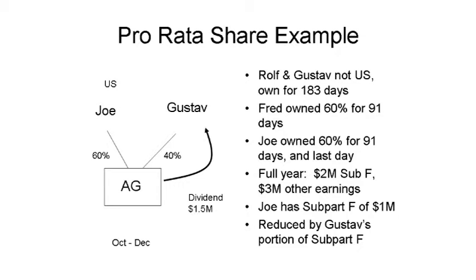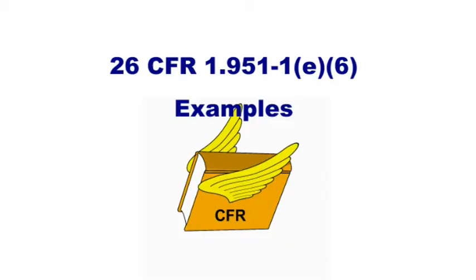Thus, Joe has a Subpart F inclusion of $200,000. This aspect of the limitation on inclusions can be helpful or harmful to a particular shareholder. The examples in the regulations provide more variations, and I encourage you to read them.